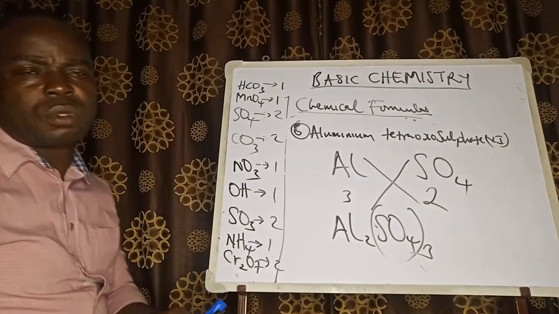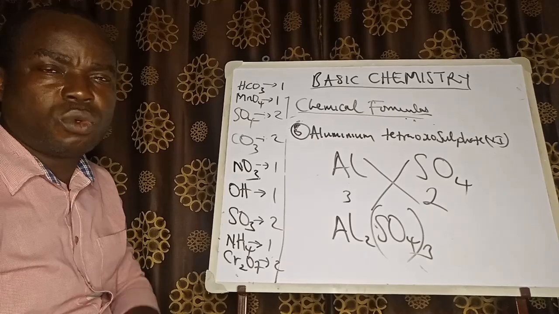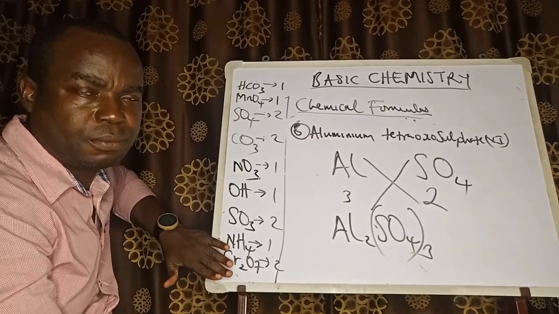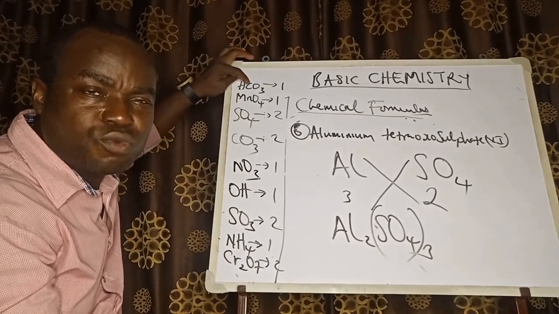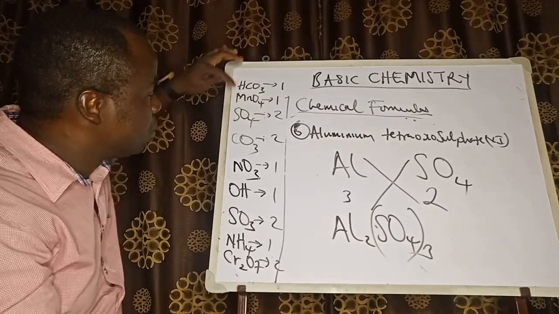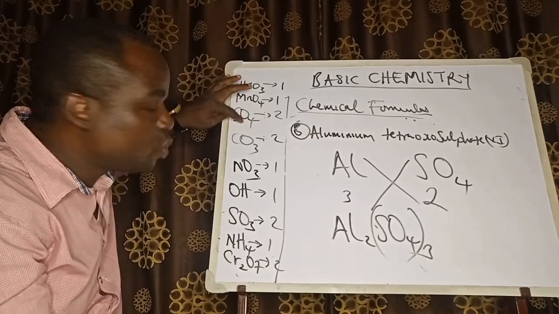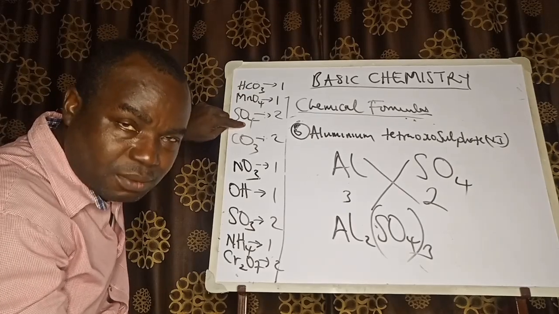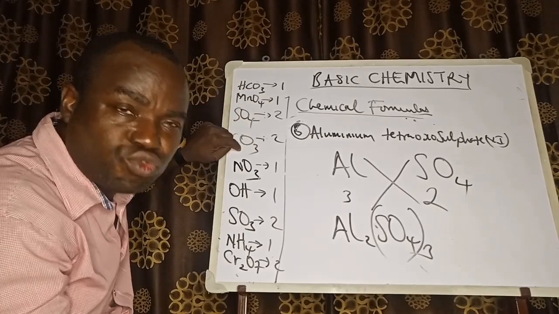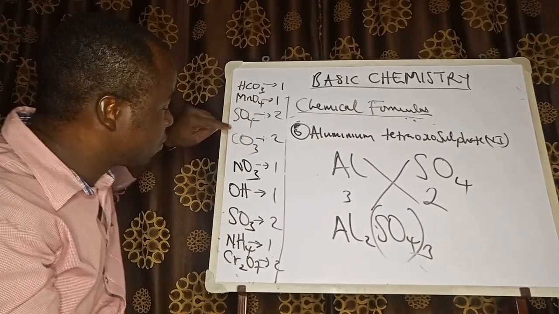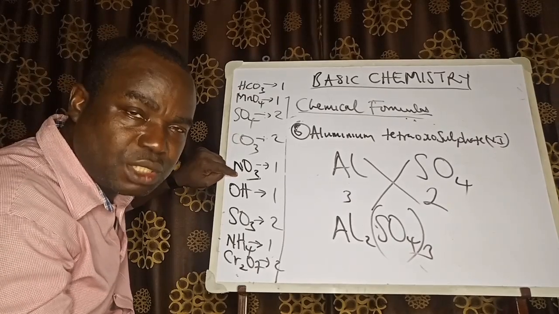Before we continue, please look at these radicals once again. This one is hydrogen trioxocarbonate. This one is tetraoxomanganate. This one is tetraoxosulfate. This one is trioxocarbonate. This one is trioxonitrate.